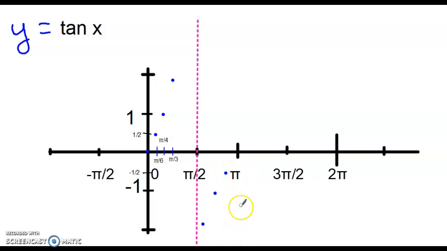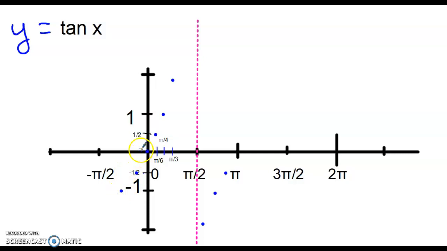So you can kind of see what the graph is doing. If I transfer these 3 dots, and if I went negative pi over 6, that would be at a negative 1/2. And at negative pi over 4, remember we're in the 4th quadrant, that would be a negative 1.